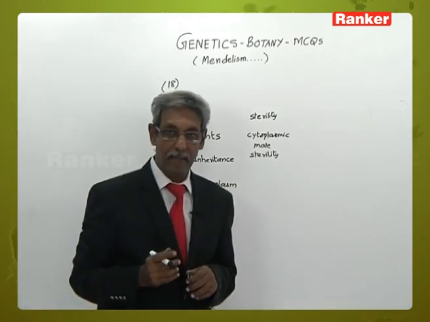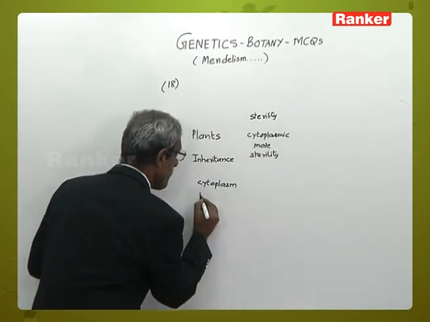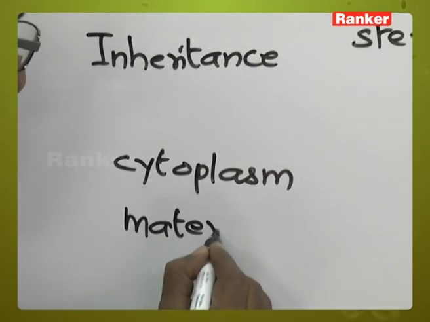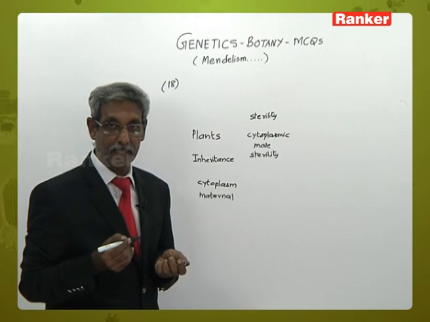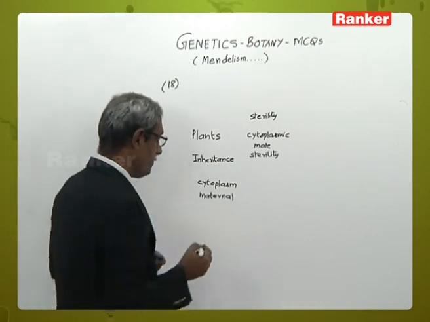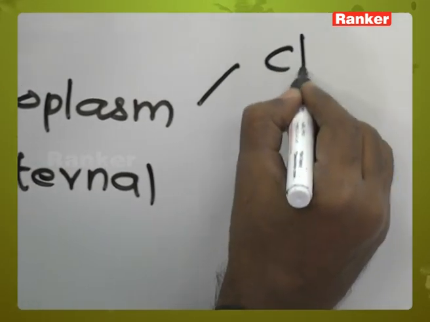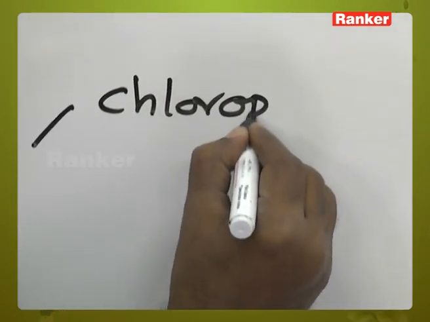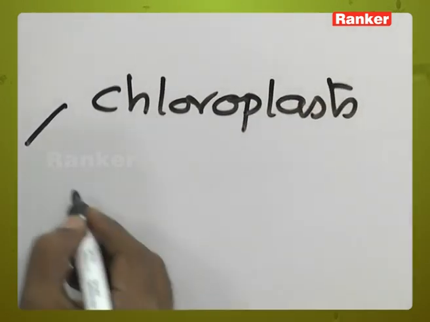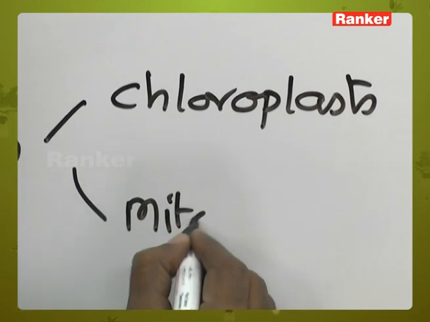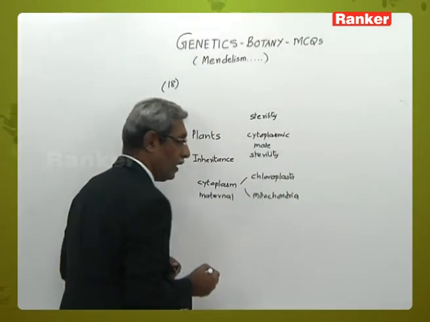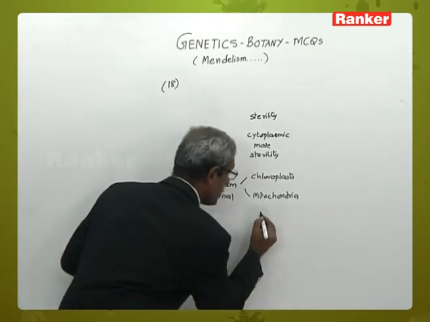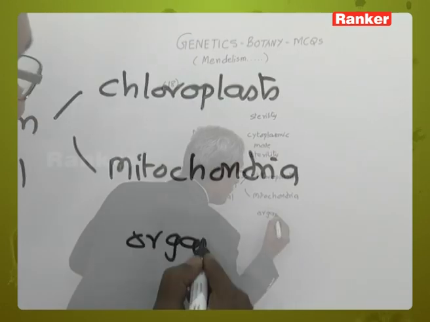It means the maternal cytoplasm carries the genes for inheritance. So, the maternal cytoplasm includes the chloroplast as well as the mitochondria. Chloroplast and mitochondria are otherwise termed as organelles.